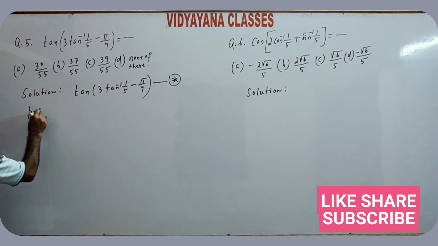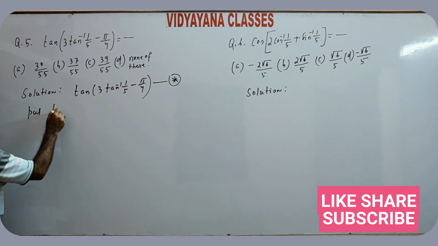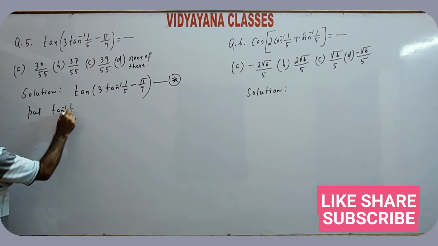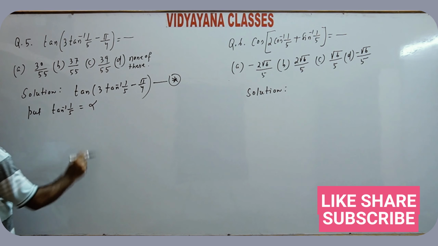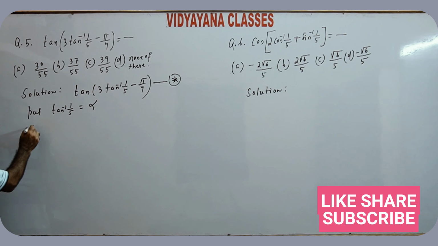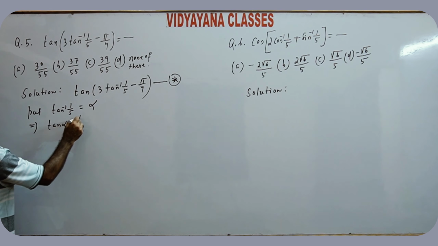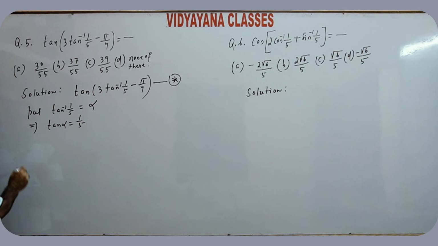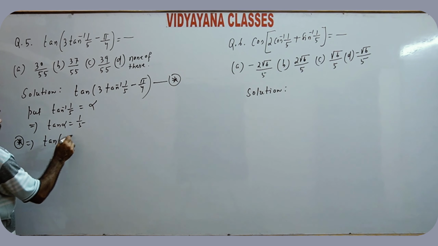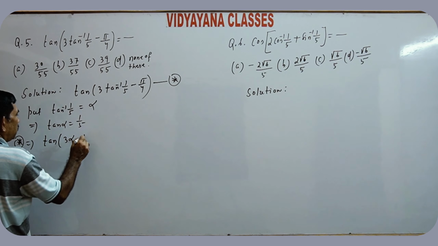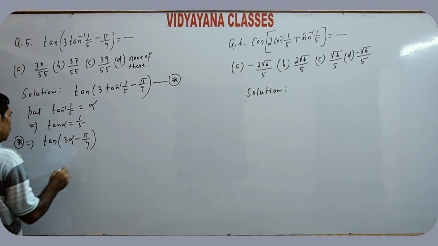Put tan inverse 1 by 5 is equal to alpha, which implies tan alpha is equal to 1 by 5. Star implies tan of (3 alpha minus pi by 4).